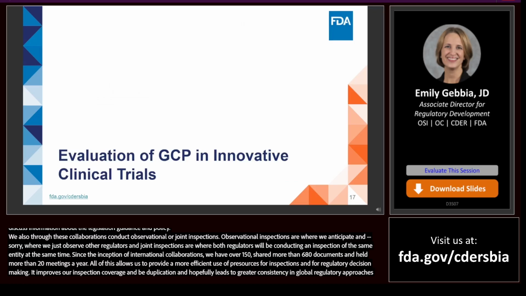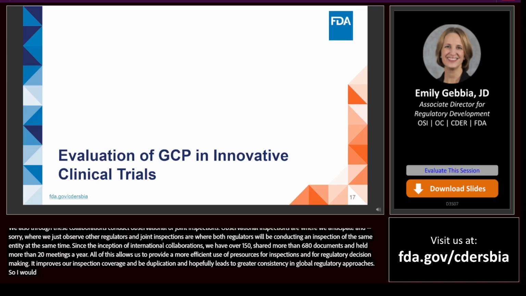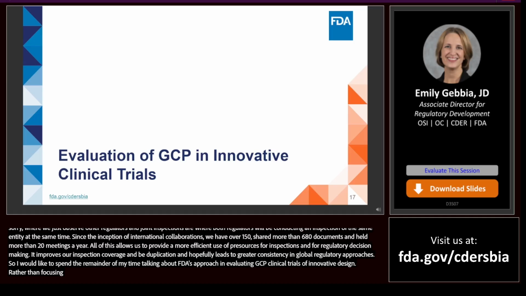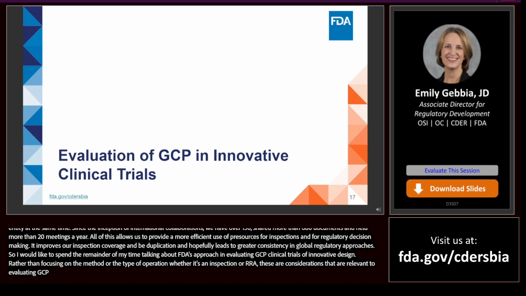So I'd like to spend the remainder of my time talking about FDA's approach to evaluating GCP in clinical trials with innovative designs. Rather than focusing on the method or the type of operation, whether it's an inspection or RA, these are really considerations that are relevant to evaluating GCP compliance regardless of the operation type, but that take into consideration the trial design and operations.